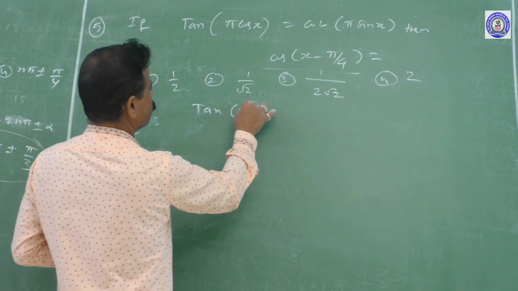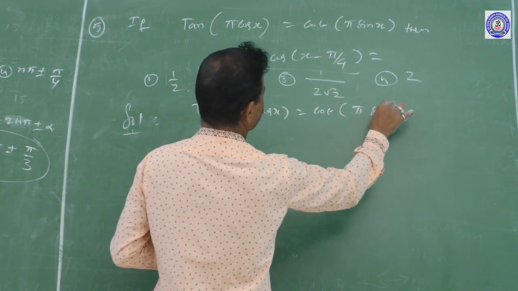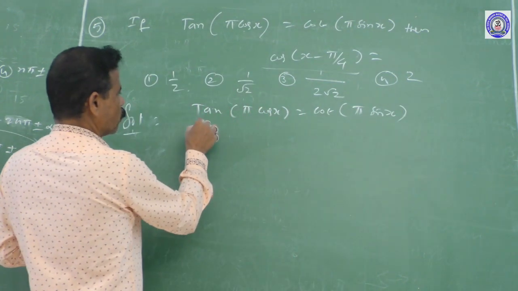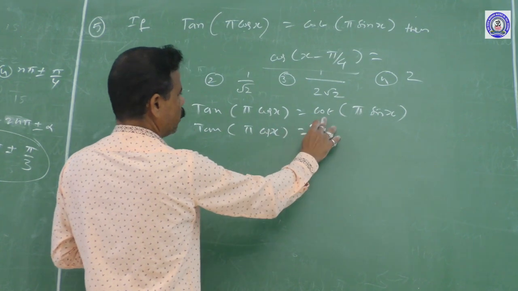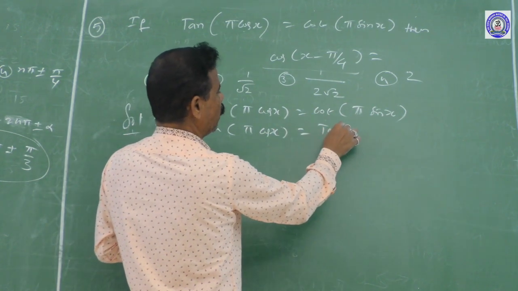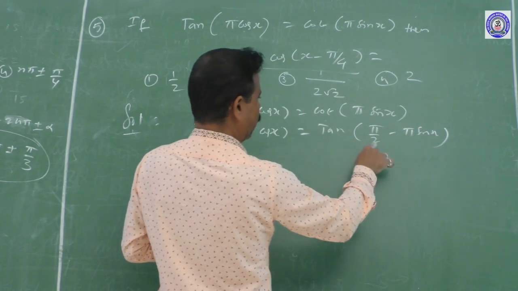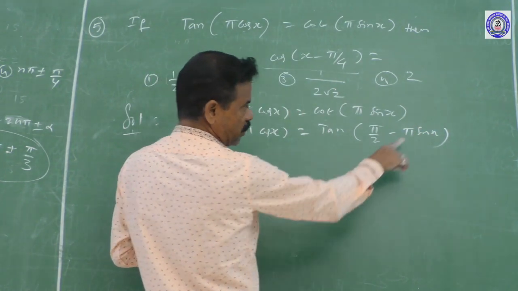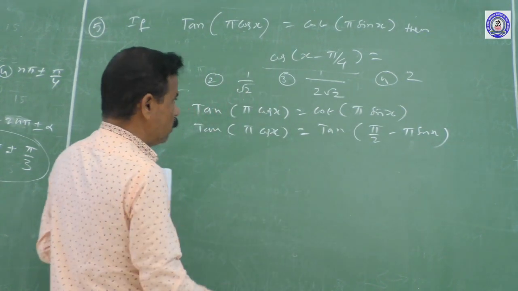tan 5 cos x is equal to cot 5 sin x is given. So here tan as it is, 5 cos x is equal to, this is in terms of tan, 5 by 2 minus 5 sin x. So tan of 90 minus theta is cot theta. This is theta suppose, then tan 90 minus theta, cot theta is coming.